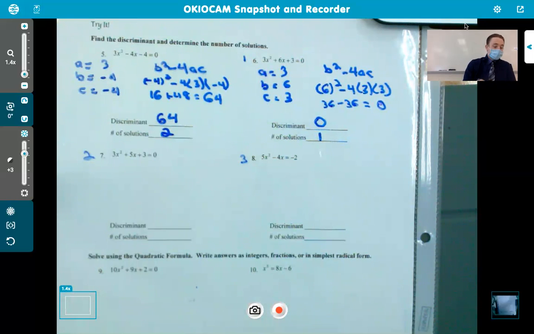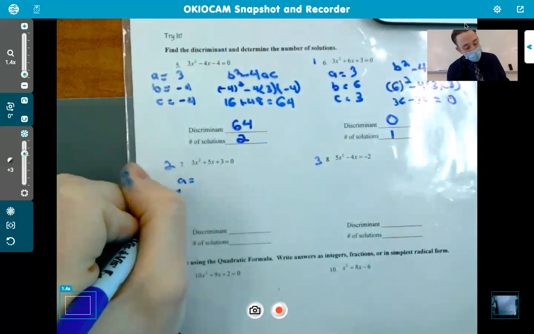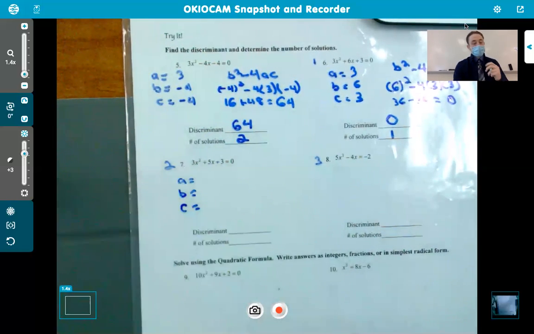All right. Somebody from the second breakout group, talk to me about number 7. My equation's equal to 0, right? So what are my A, B, and C values? Somebody from the second breakout group. Somebody take one for the team.